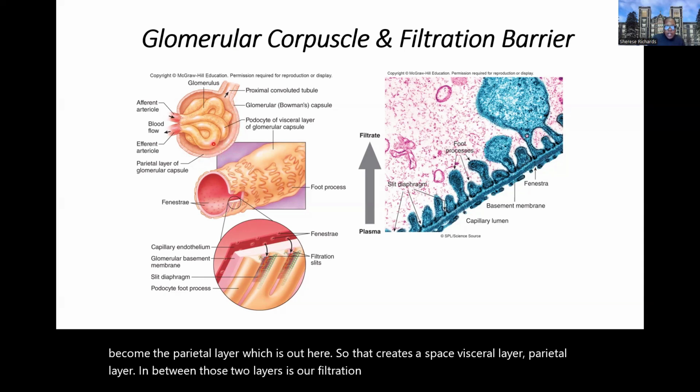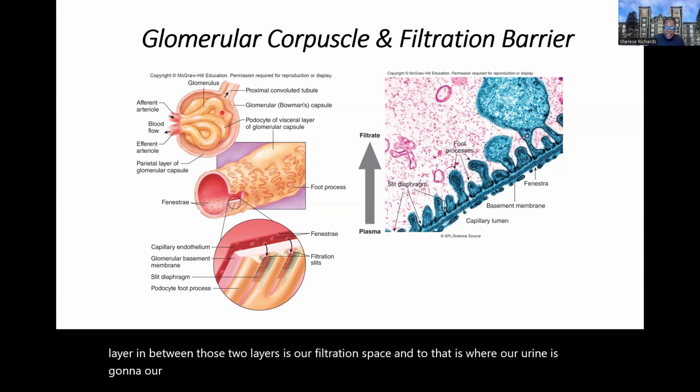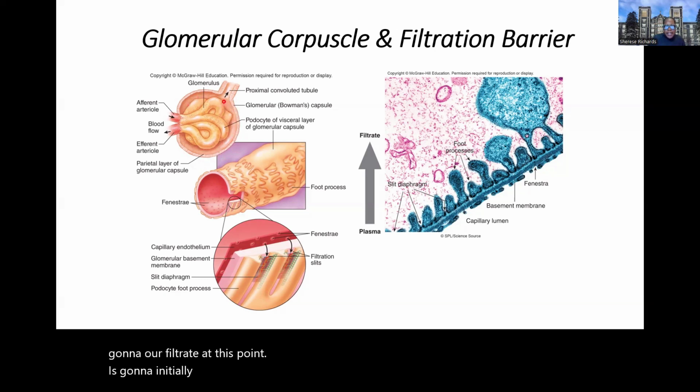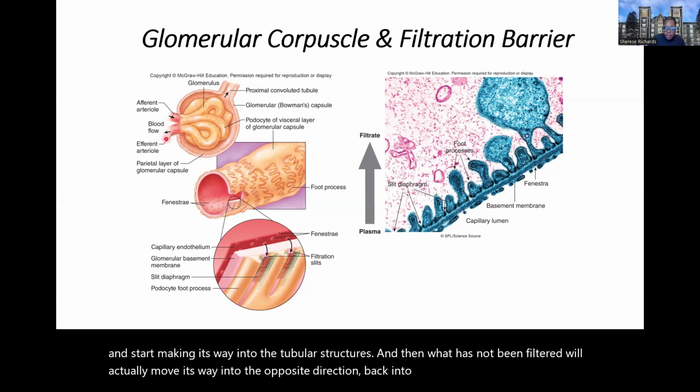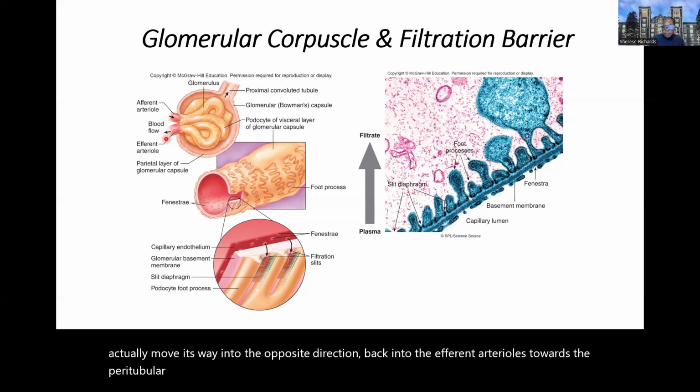And so that is where our filtrate at this point is going to initially be created, and then it can move its way into the proximal part of the tubule and start making its way into the tubular structures. And then what has not been filtered will actually move its way in the opposite direction back into the efferent arterioles towards the peritubular capillaries.